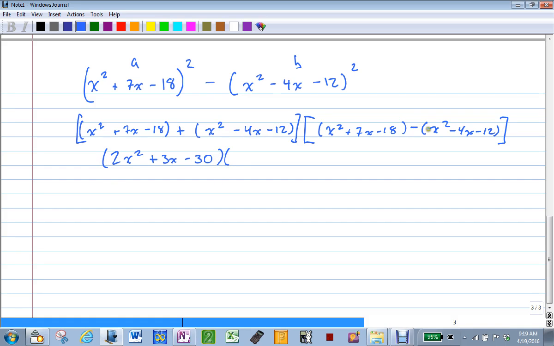What's x squared minus x squared? Gone. 7 minus minus 4, 11x. Negative 18 minus minus 12, negative 6.